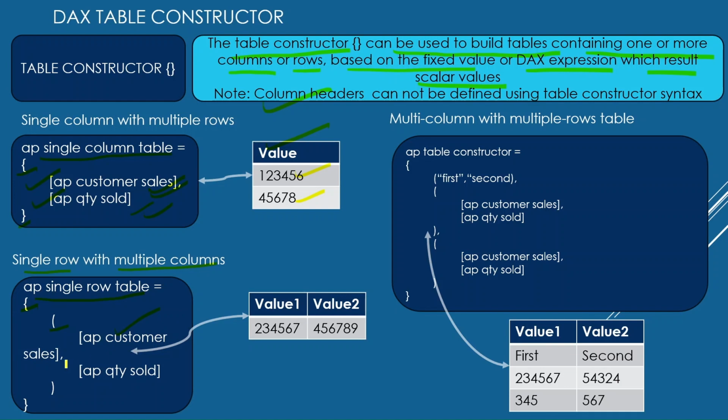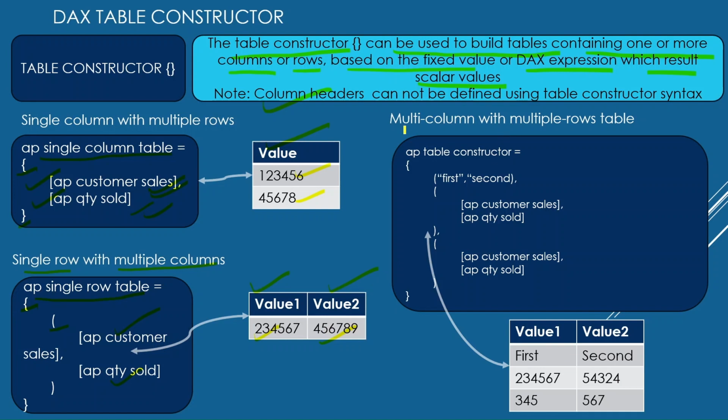So this AP customer sales is a measure which is going to return a scalar value, and AP quantity sold is also a measure which is going to return a scalar value. So we can see two columns get created and the values are getting populated here.